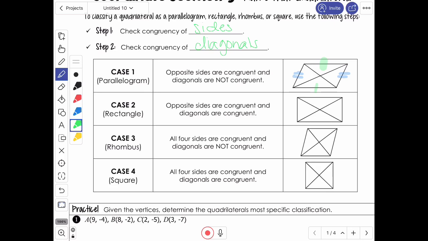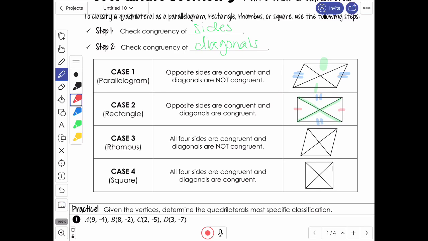So I'm going to just highlight the diagonals since I can't really make the congruent signs as pretty. So those two are congruent, but then specifically the opposite sides, I'm going to do it like this. Okay, and the part that's the opposite sides is really important because when we get down to rhombi and squares, then they get into that all four sides are congruent.